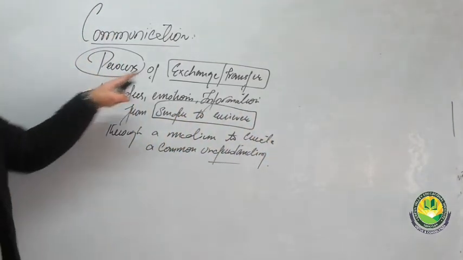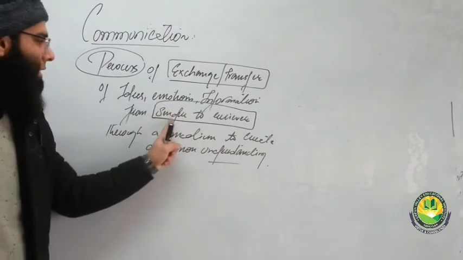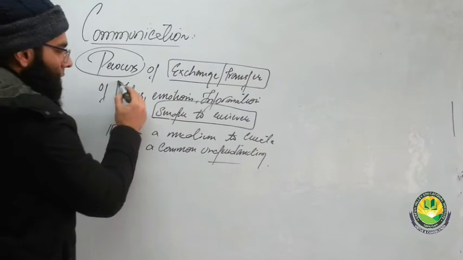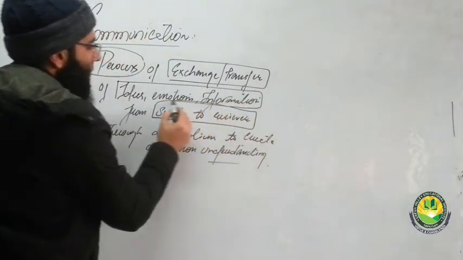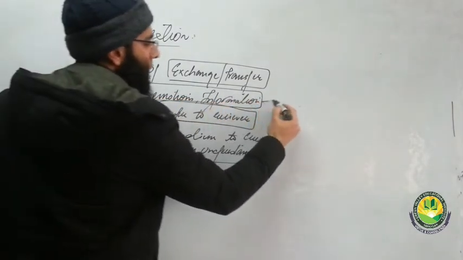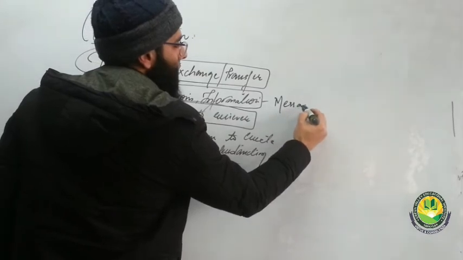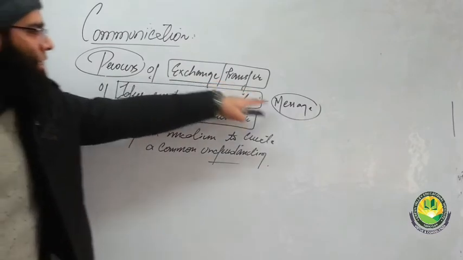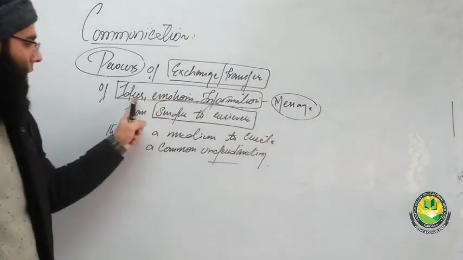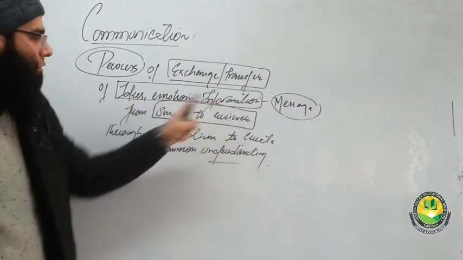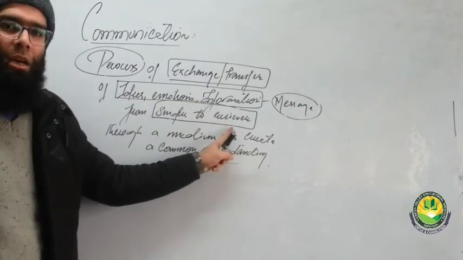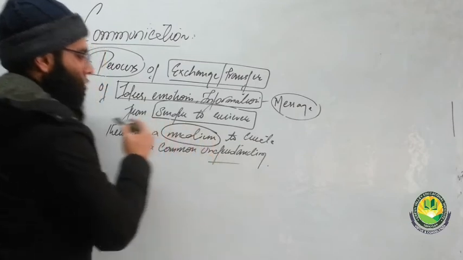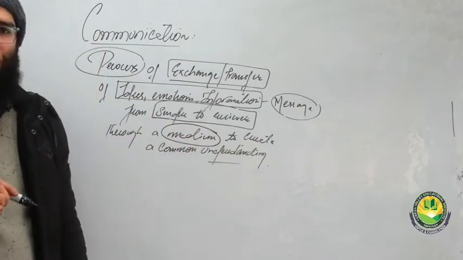So it's a process of exchange or transfer between sender and receiver. But what do they exchange? Ideas, emotions, and information. We can call it a message. So it is the process of exchanging messages, which can be any ideas, emotions, information between sender and receiver through a medium.